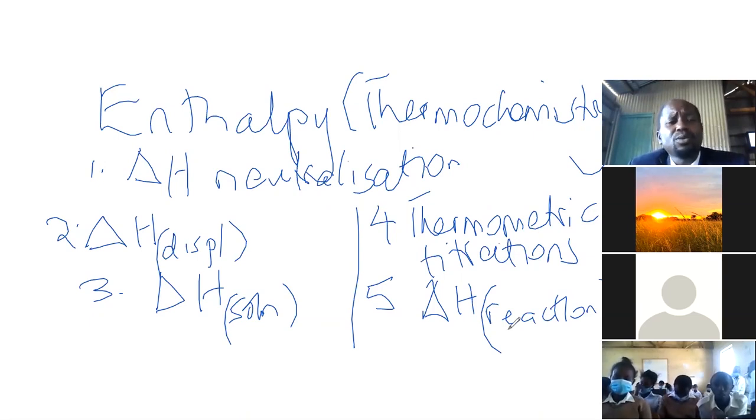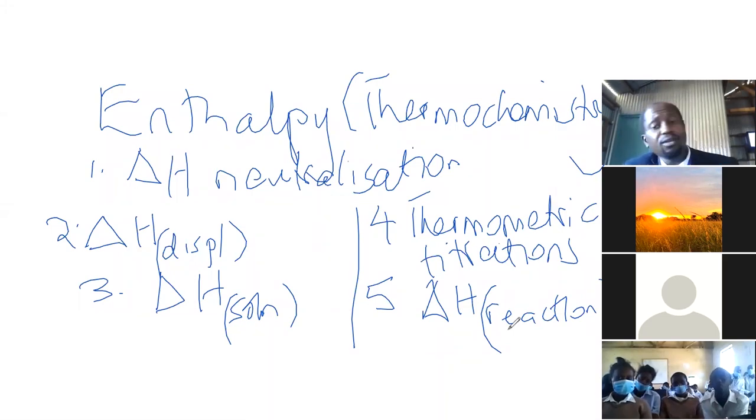The KCSE syllabus only mentions enthalpies to be determined experimentally in the lab: enthalpy of neutralization, enthalpy of combustion, enthalpy of displacement, enthalpy of solution. Now, this enthalpy of reaction covers enthalpies beyond those.